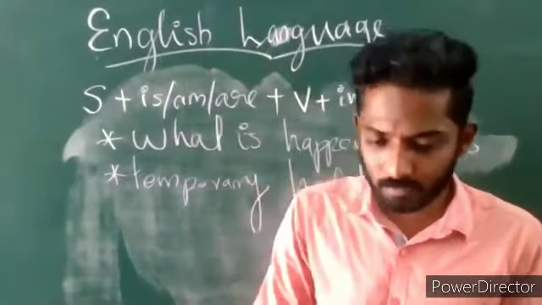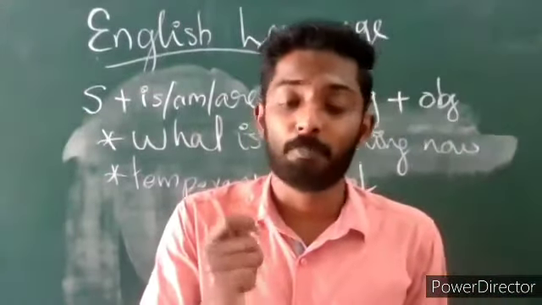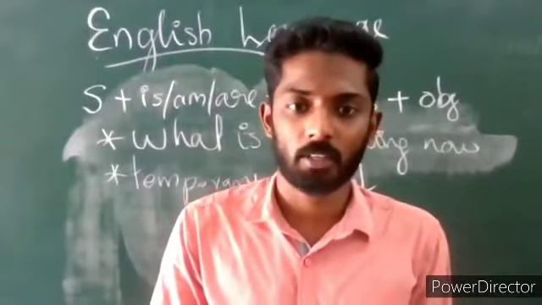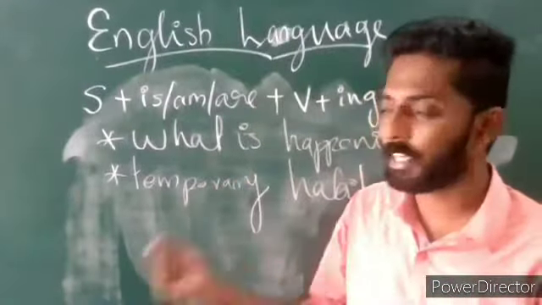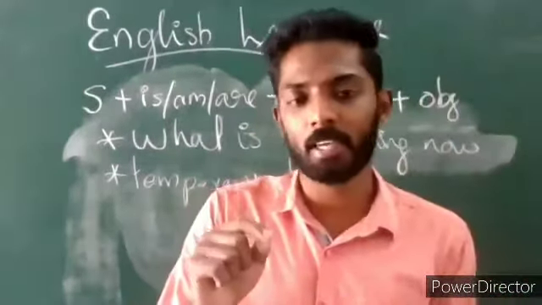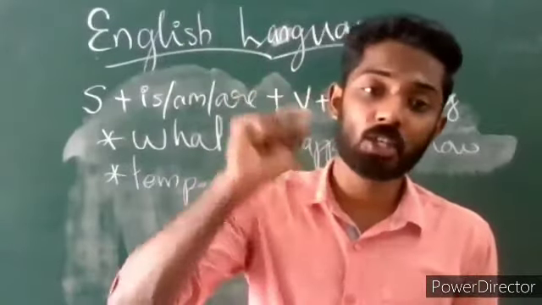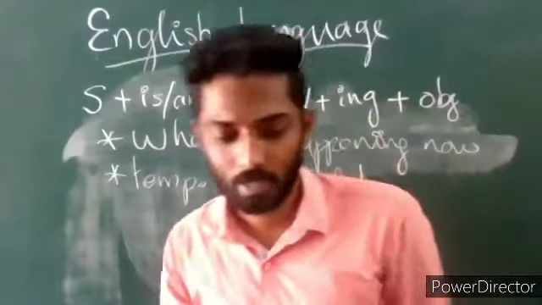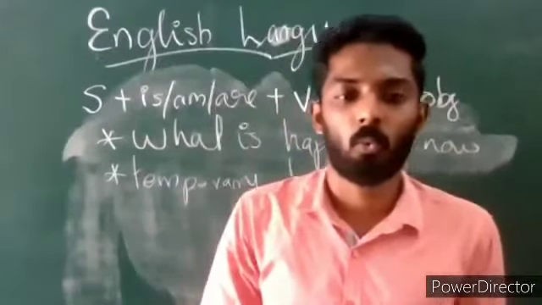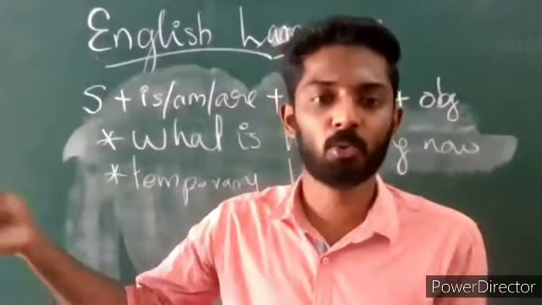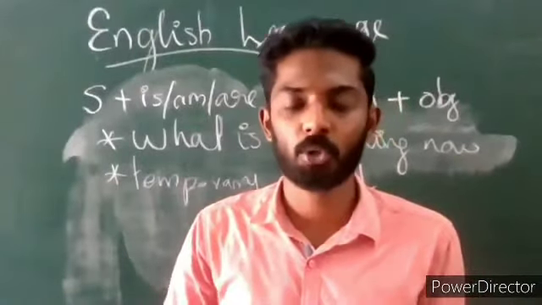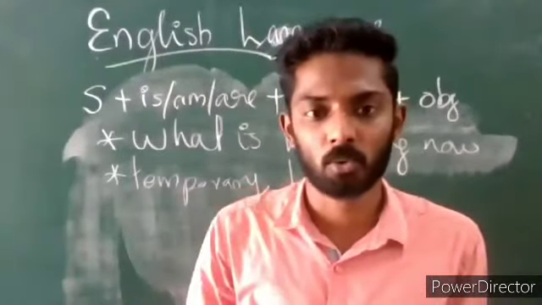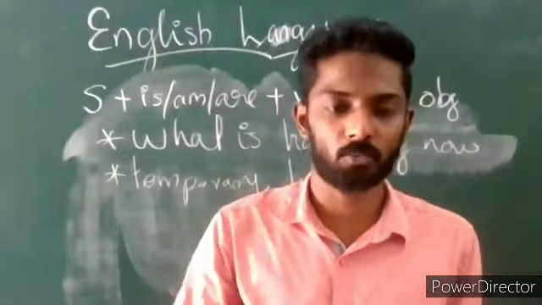The next one is speaking about the future. Present continuous tense is used to indicate an action which will be happening in the future. I'll give an example, like, I am going to Gorakhpur tomorrow. Or, when are you coming tomorrow?